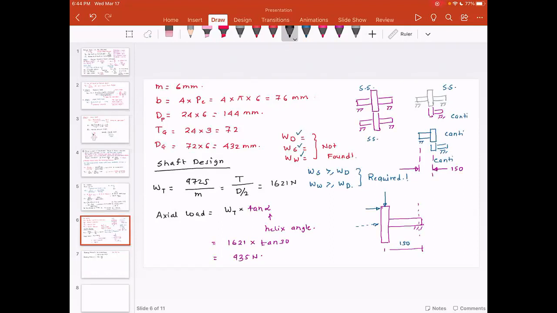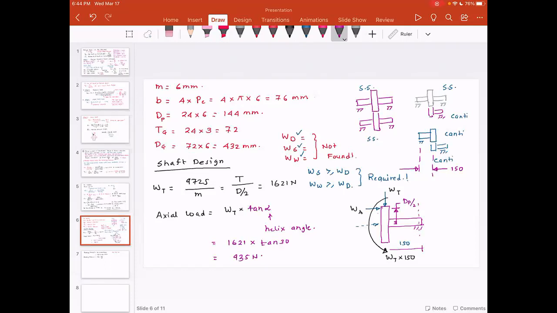So please understand, this is WT, this is WA. If you look at the moment given by WT, this is WT times 150. But if you look at the moment given by WA, this WA is multiplying with the radius, which is dP by 2.